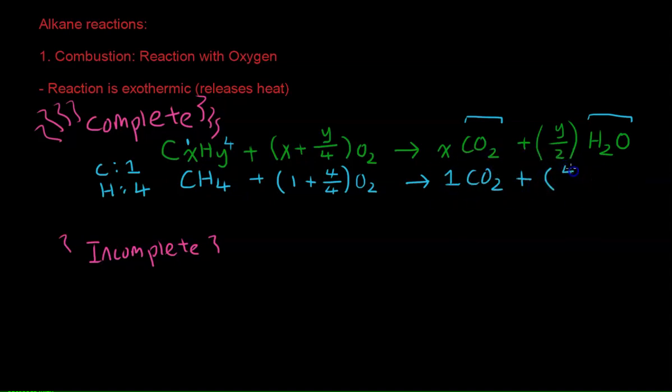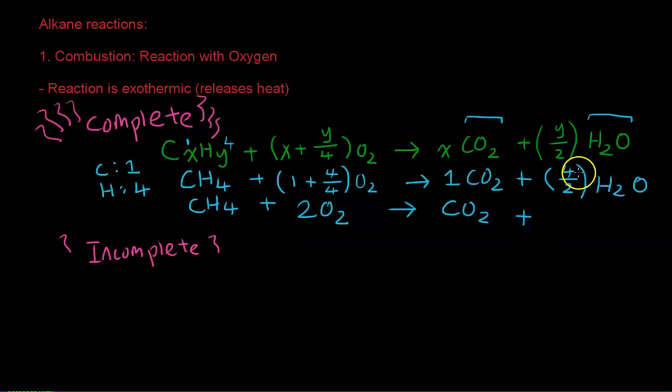Obviously you don't write this, but we are just working it out step by step. If you're confident, you can jump to the final part, but because we are still introducing this chapter, let's do it from scratch. Because y is 4, we get 4 over 2 water. If you work this out, we get CH4 plus 2 O2, because 1 plus 4 over 4 is 1, 1 plus 1 is 2, giving me CO2, plus 4 divided by 2 is 2 H2O.